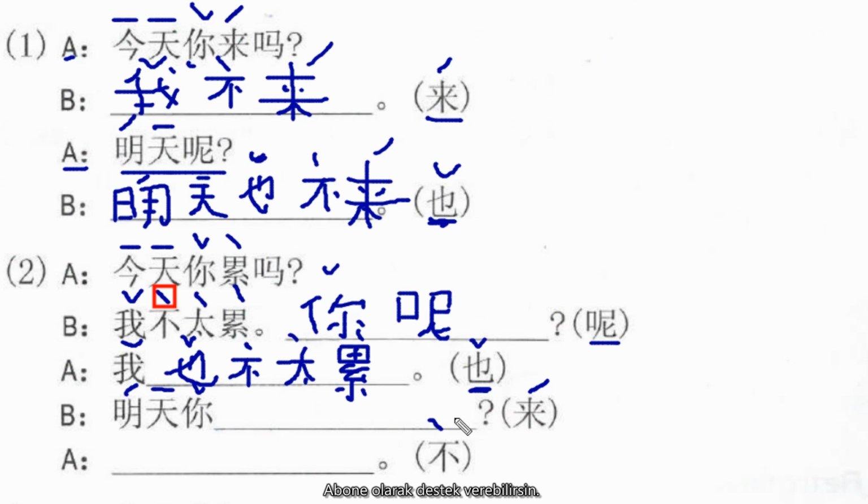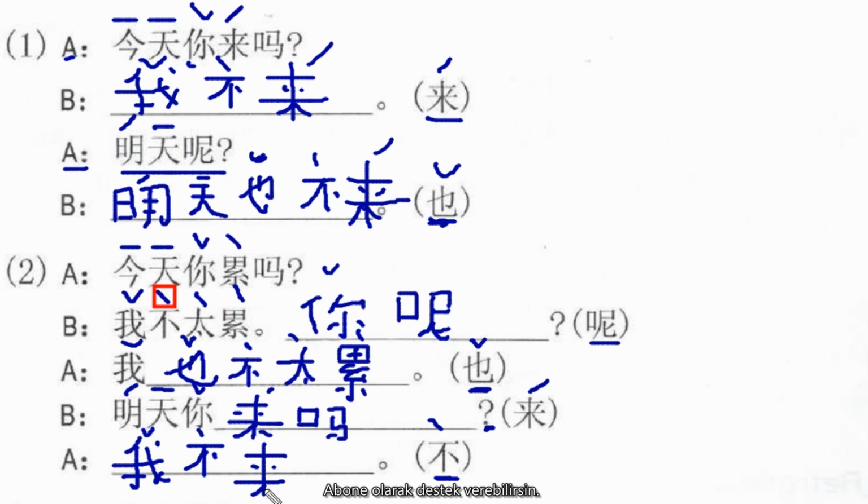And 明天你来吗? Tomorrow will you come? Here, for the answer we should use 不, so I can say 我不来.